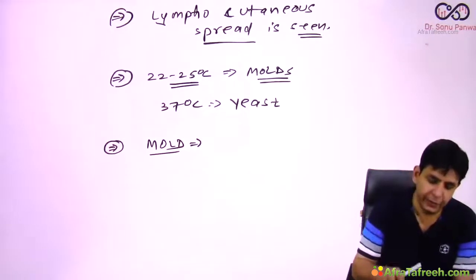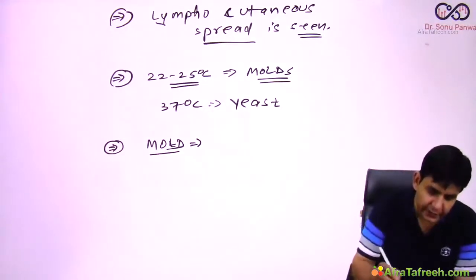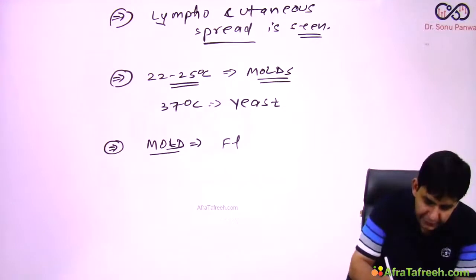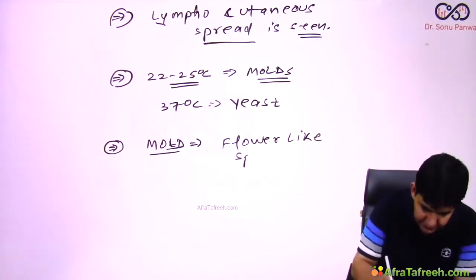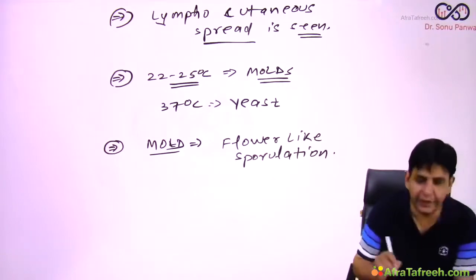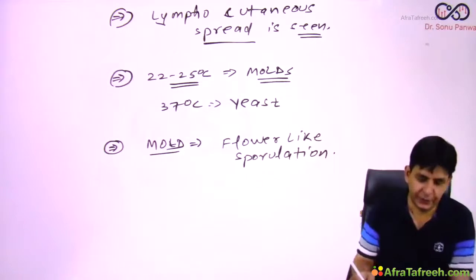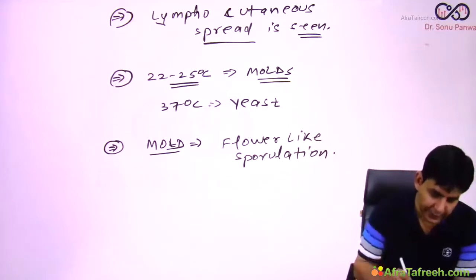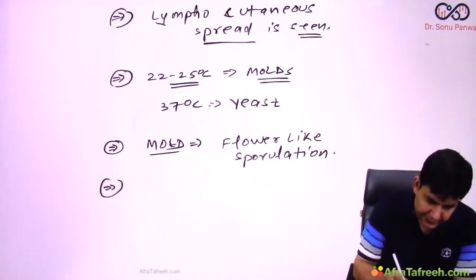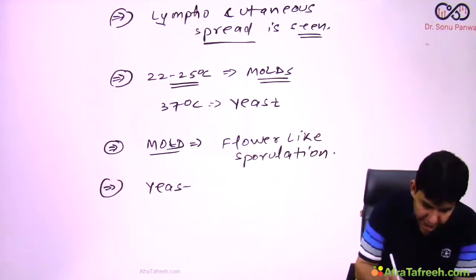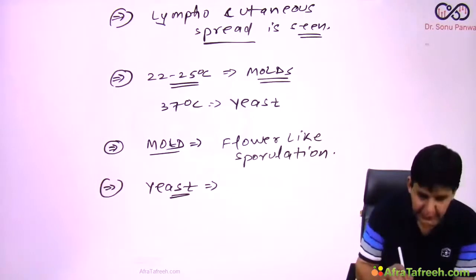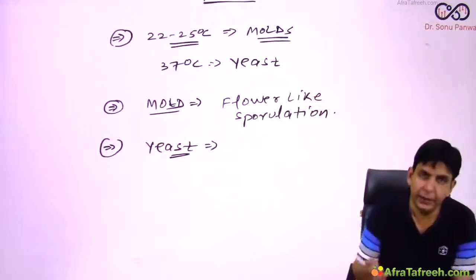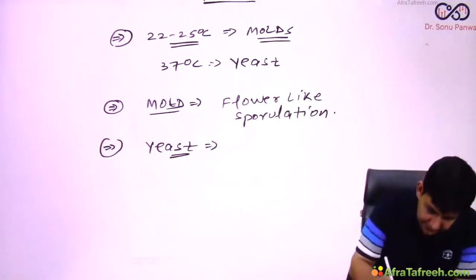The mold form looks like a beautiful flower-like sporulation. And in the yeast form, it looks like a cigar-shaped yeast cell.